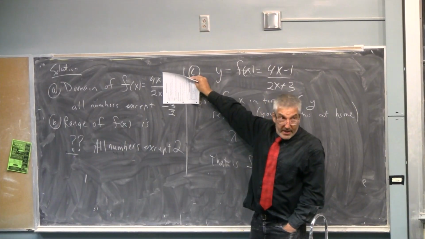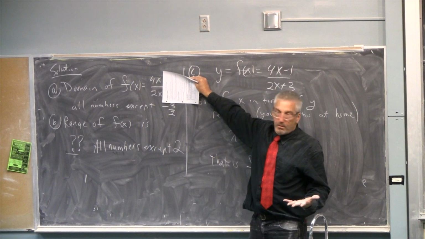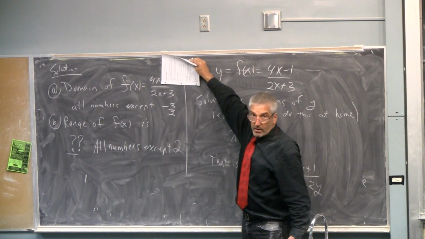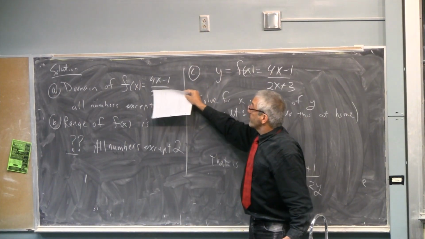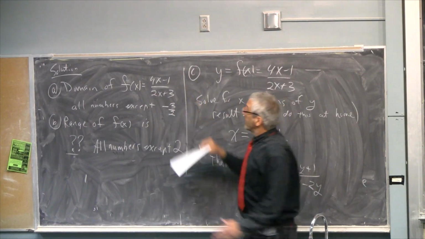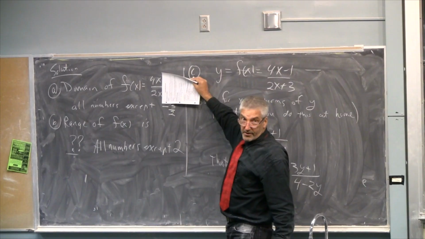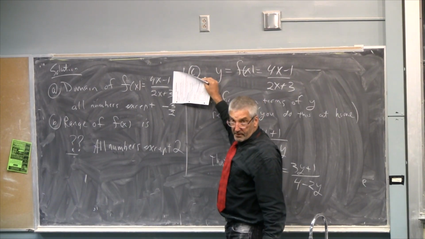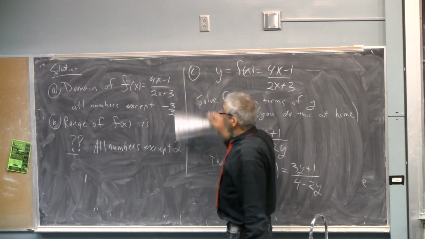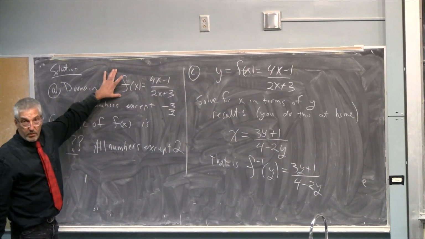Now take that perfectly nice fraction that gives y values of 2 and mess it up. I do something different in the numerator from what I do in the denominator. So the numerator is never going to be twice the denominator, because I take this thing where the numerator is twice the denominator and I mess it up. So this fraction is never going to equal the number 2. And so that's a way of looking at this and realizing I'm never going to get a y value of 2.